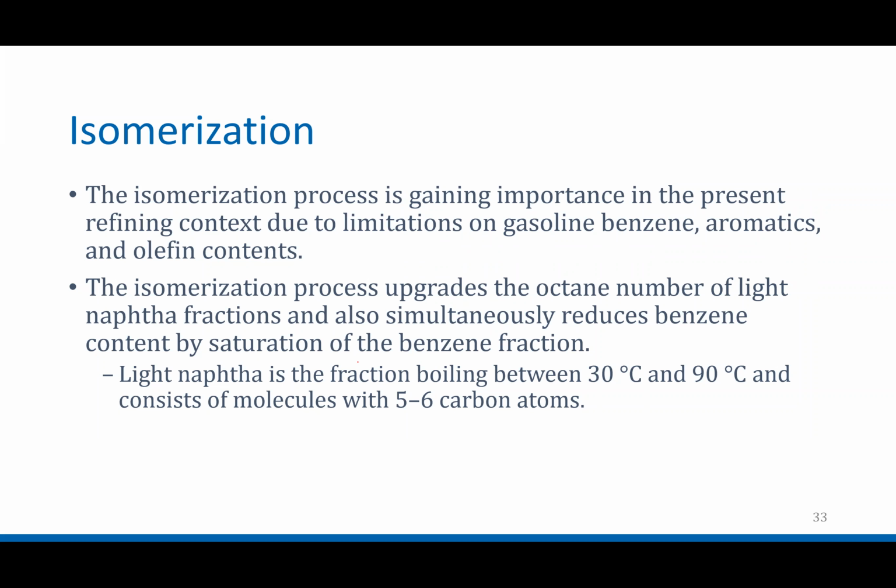One of the ways that isomerization works is it can reduce benzene content and upgrade, which means improve, light fractions. And the word naphtha, I haven't mentioned this word yet, we'll talk about it later, but naphtha fractions in the oil and gas industry are small molecules around 5 to 6 carbons. This is not a term that you would learn in a chemistry course.